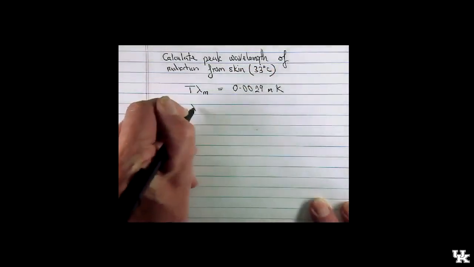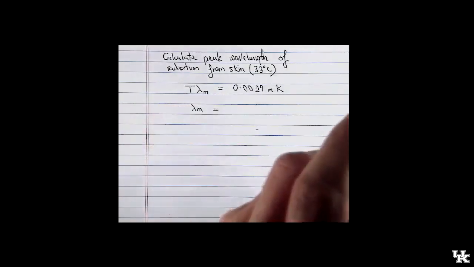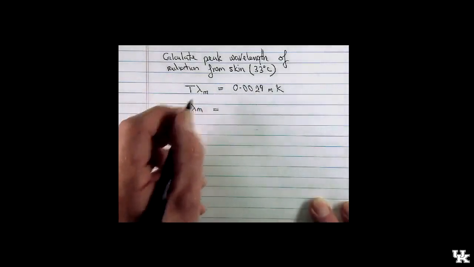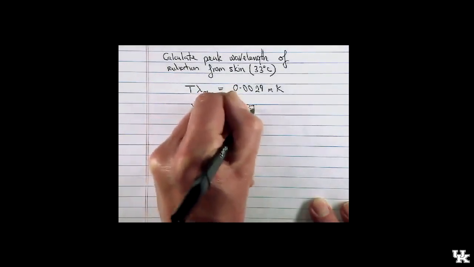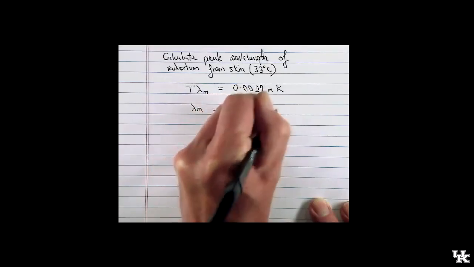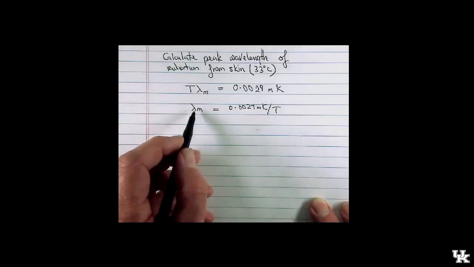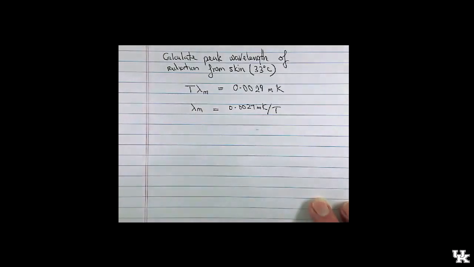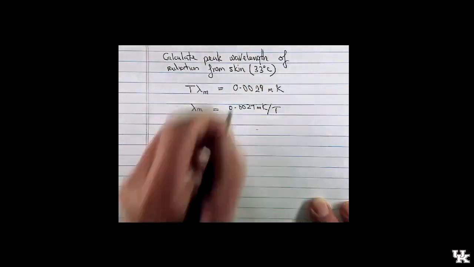What that means is that if we want to find the peak wavelength and we know the temperature, we can just rearrange this equation. All I've got to do is take the constant, 0.0029 meters Kelvin, and divide it by the temperature. And that will give me the peak wavelength, what I'm calling lambda max here. So that's all I've got to do. I just have to fill in my number for the temperature.